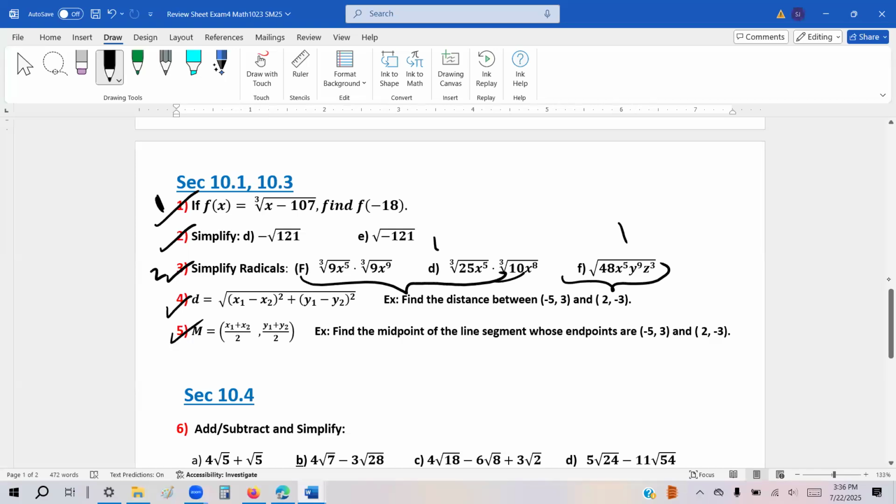If it's outside, it's a multiplication. But you have to memorize the formula. Memorize this formula, 1 point, and then find the distance, 2 points. Find the midpoint formula, 1 point. Find the midpoint from those points, 2 points. So this is one question in two parts.